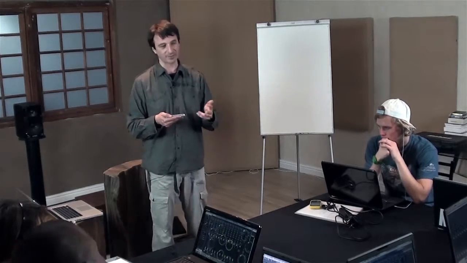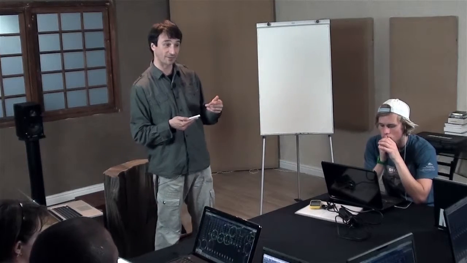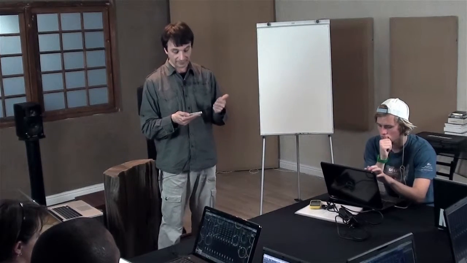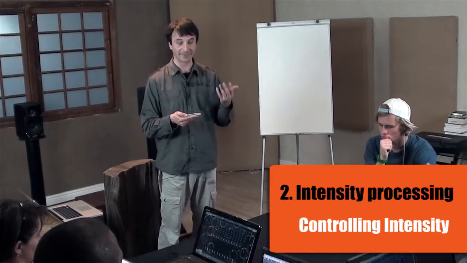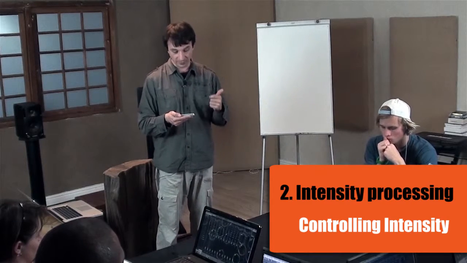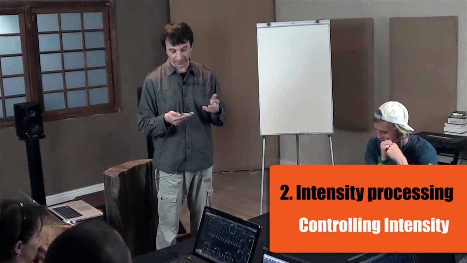The second thing we can process electronically is the intensity, by way of controlling the intensity. This is also referred to as dynamics. I don't know if you are familiar with this terminology, but in a mixer there can be dynamics or not.